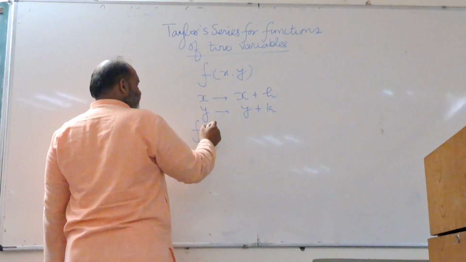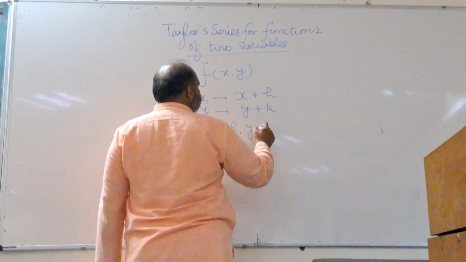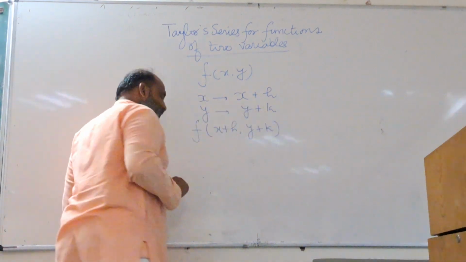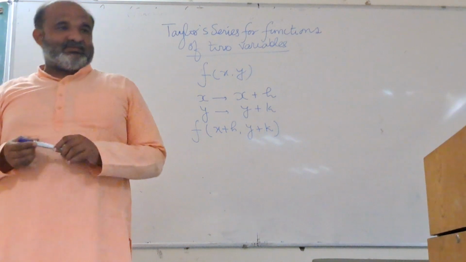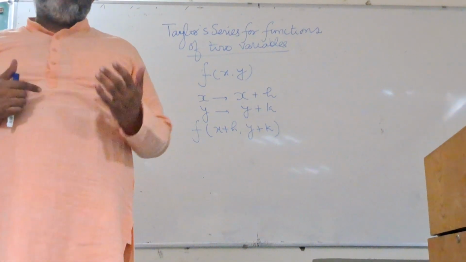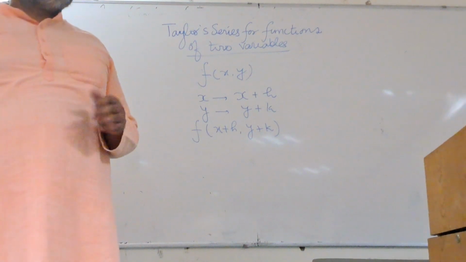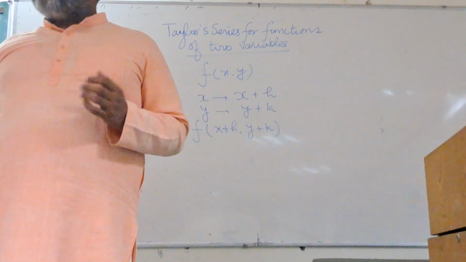So after this I have the value of the function at f(x+h, y+k). So you know what is there in Taylor series. I am having some expansion of f(x+h, y+k) in terms of f(x, y).